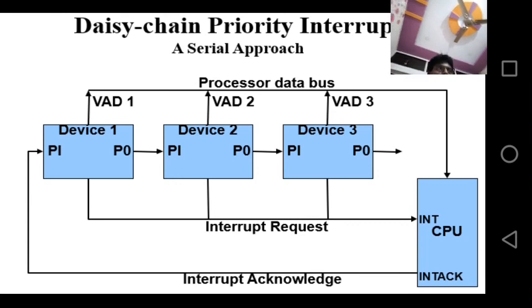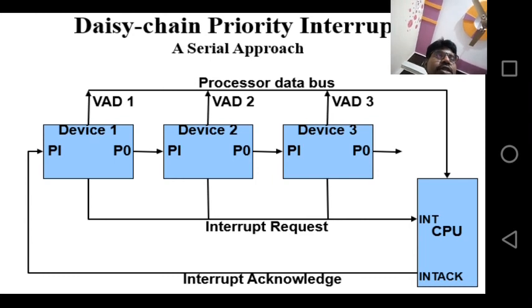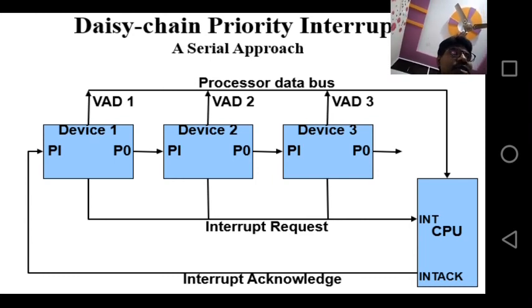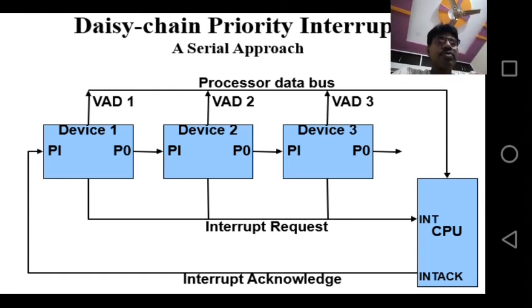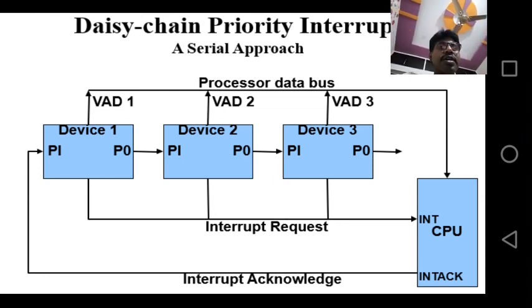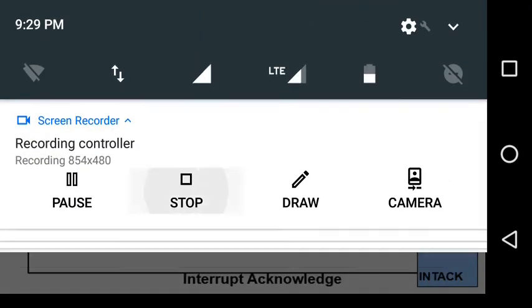The technique is polling. It polls each device, asking whether it has any interrupt, and it polls according to the priority. This is like a round robin fashion, and it is repeated. But the disadvantage is that the processor has to spend a considerable amount of time processing this. And the solution is a hardware technique called daisy chain.